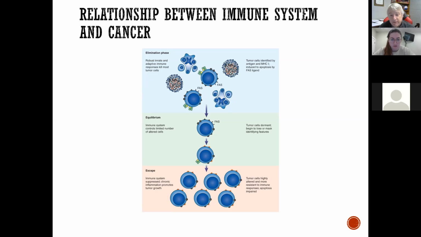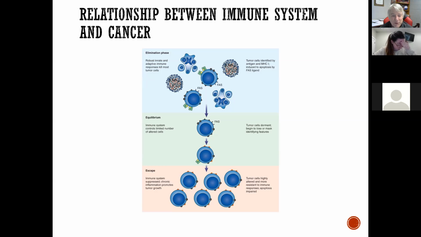We see it again down at the bottom in the equilibrium stage. We see FAS again. And it's a type 2 transmembrane protein that belongs to the tumor necrosis factor family. Yay. Okay. Thank you, Allison, for that.